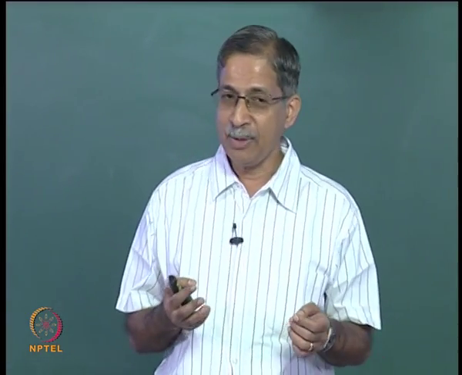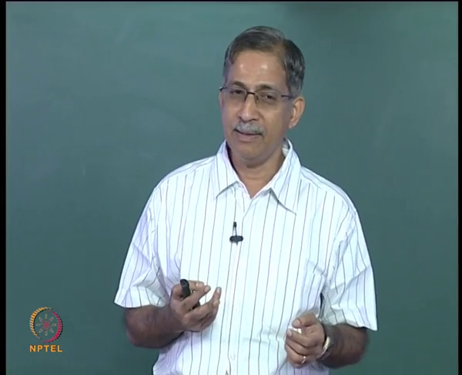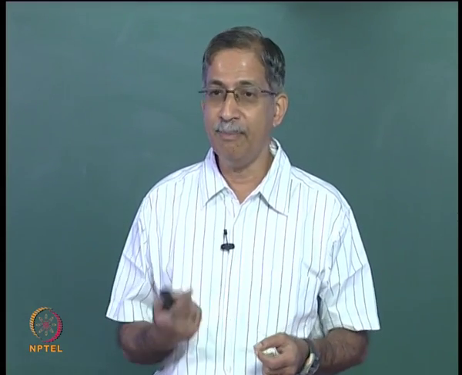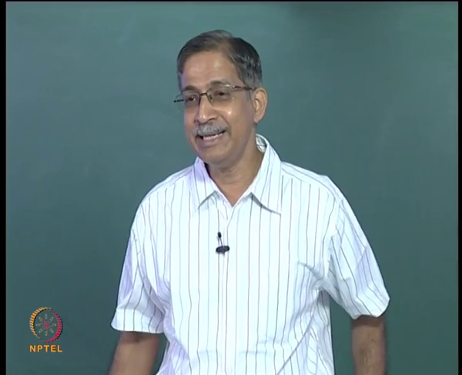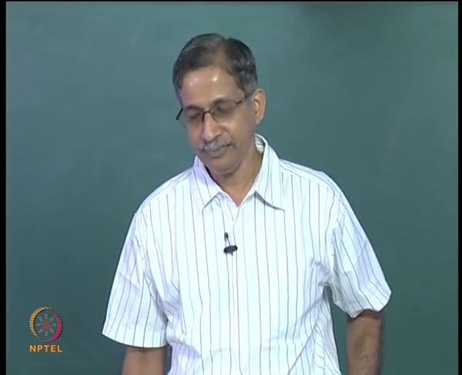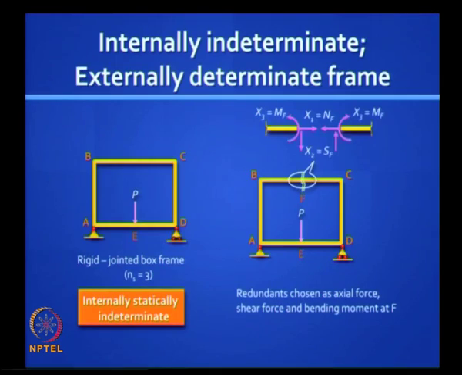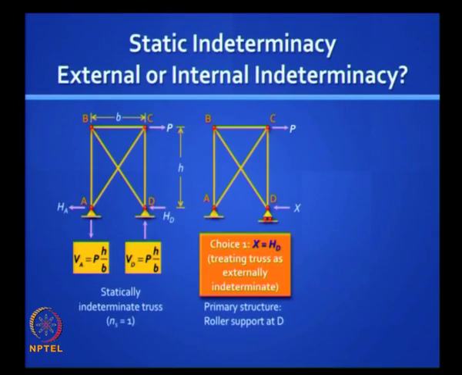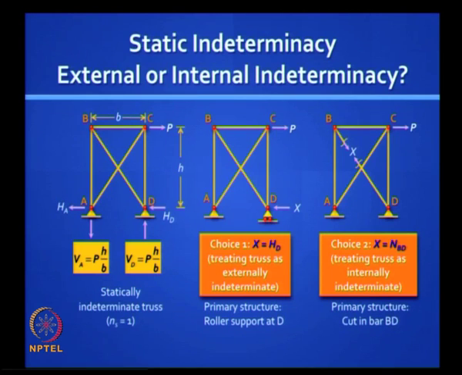Similarly, if you have a situation as in the previous case where you treated the bar as redundant, what would Dj refer to? I will go back to the previous problem. Yes, here what would a displacement D refer to at the redundant location?